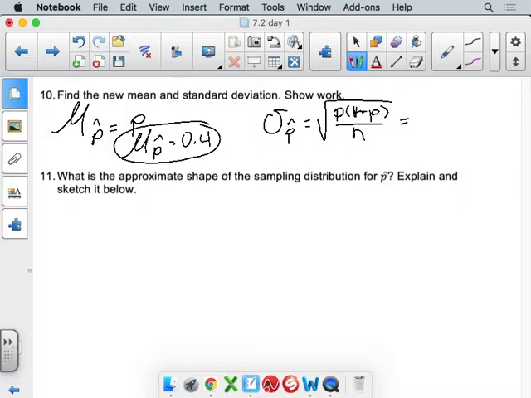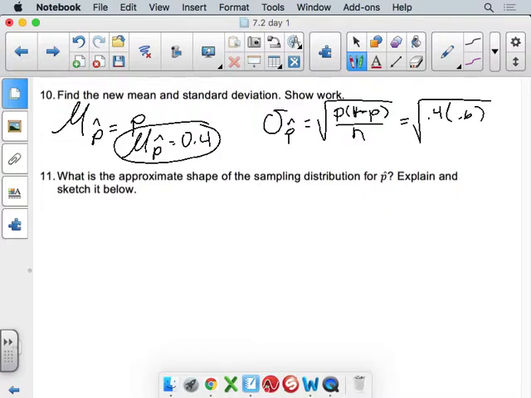The p is always the population, what we're assuming, so we're assuming 40%, 0.4, times 1 minus 0.4, or just 0.6.